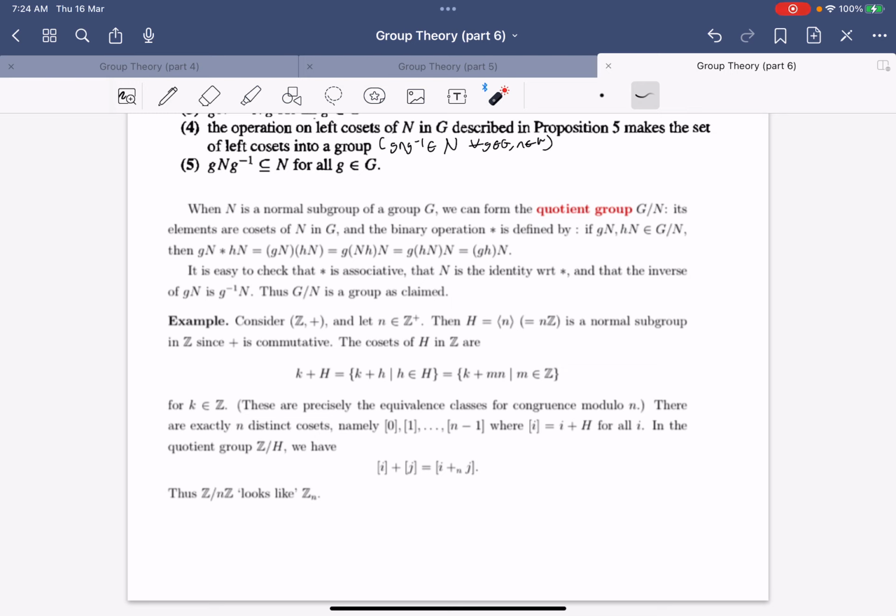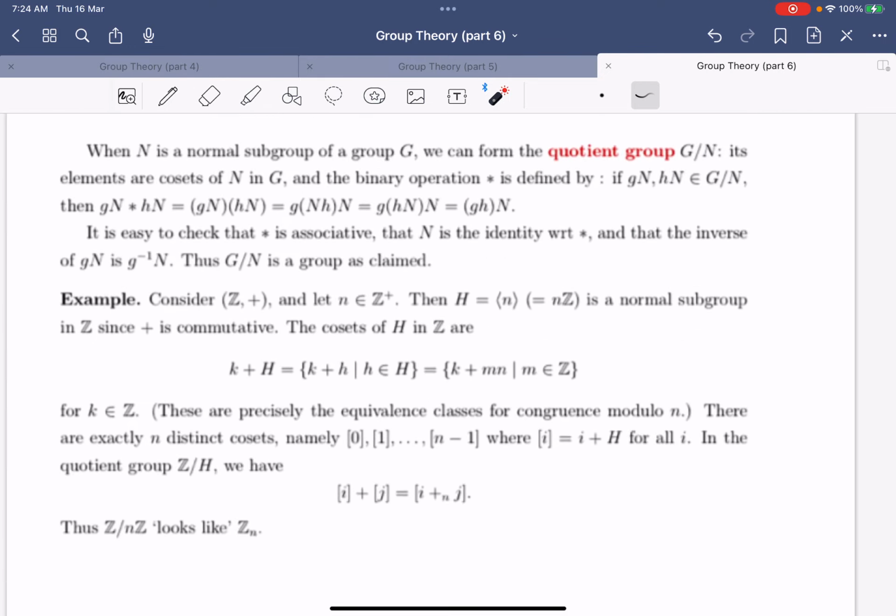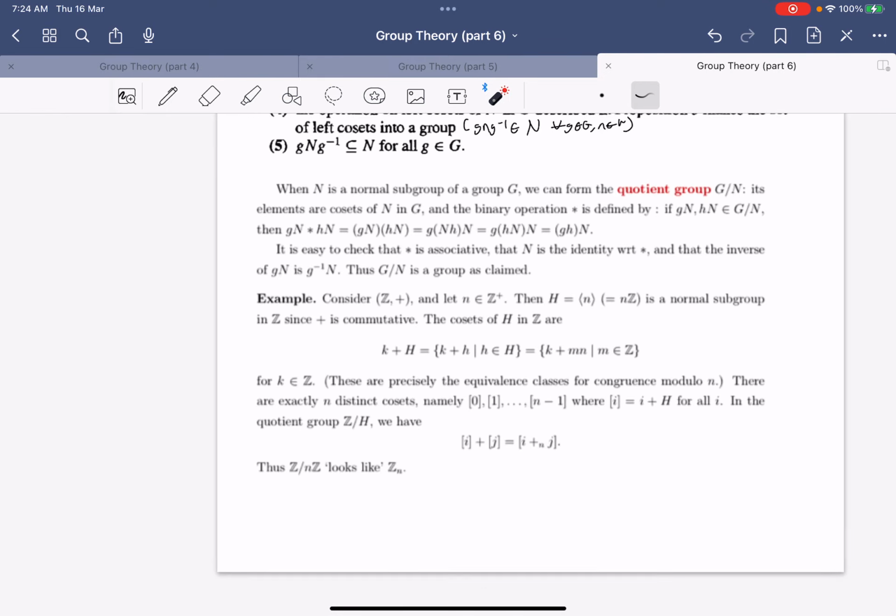So these are just the equivalence classes, and the set of them gives the n distinct cosets, 0, 1, all the way up. And so the quotient group will just look like the modulo group. They are actually the same thing, and later when we talk about isomorphisms, you can say that they are isomorphic to one another.